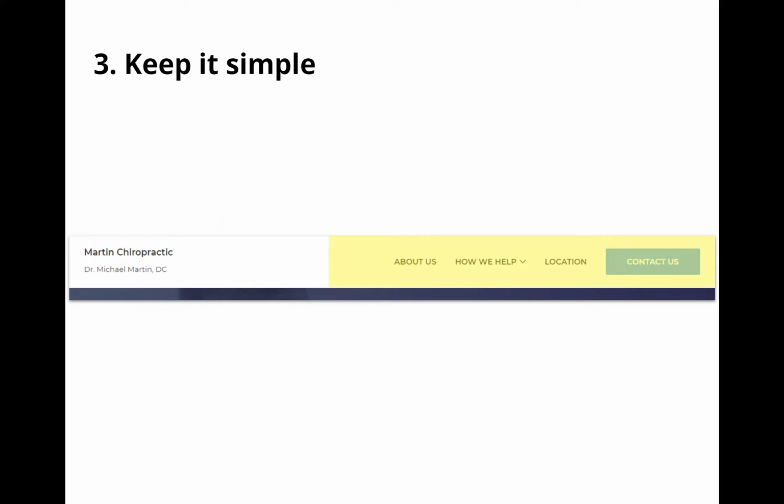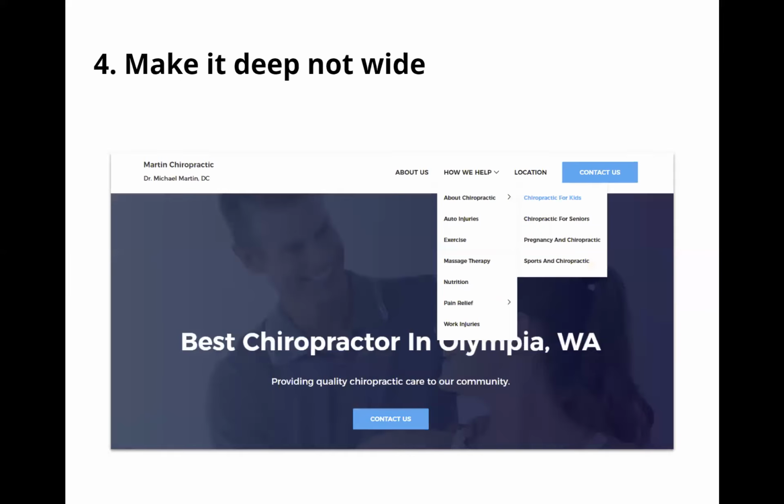We recommend no more than 7, because then it starts getting a little complicated and hard to navigate, and people may not know what to click on, and so they may navigate away from your site and go to another site. And with that said, a way to put more information into your menu without cluttering your top level menu is to make it deep, not wide. And what we mean by that is to use a drop-down or a mega drop-down.